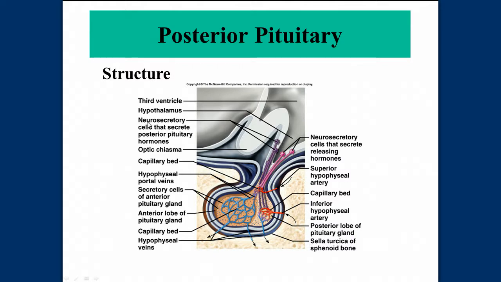What you have is neurosecretory cells that secrete posterior pituitary hormones. Now what happens is that you have nervous stimulation. Now the anterior pituitary received a hormone from the hypothalamus, and that stimulated hormone production by the anterior pituitary.